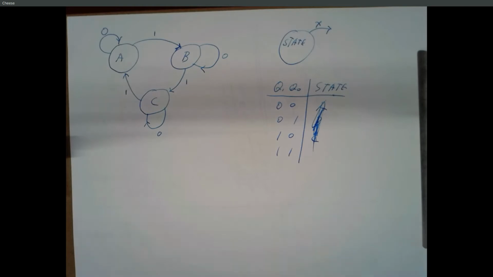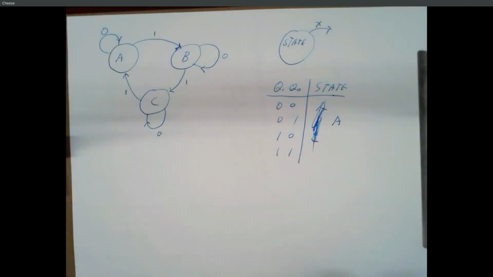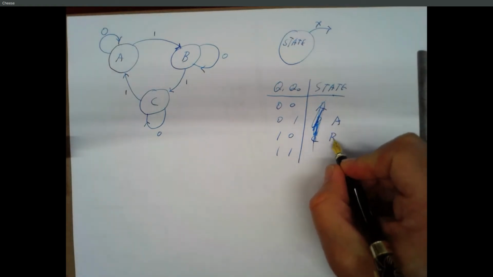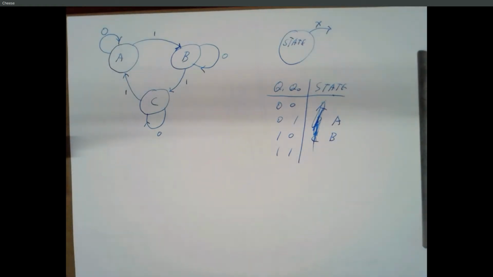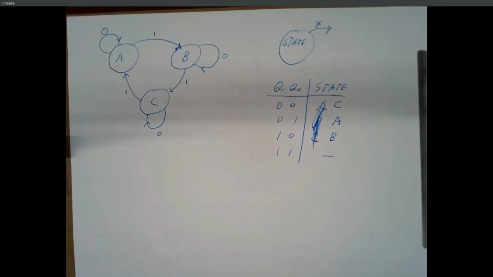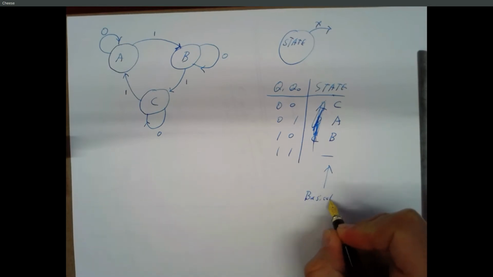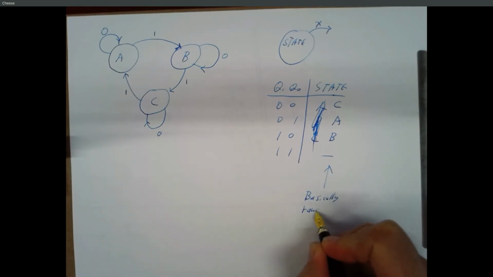There's the last. Okay, so let's call that A. What one should we call B? 1, 0. Okay. What about C? 0, 0. Good, good. Okay. And we'll use this one as a don't care, right? This is basically random choice.